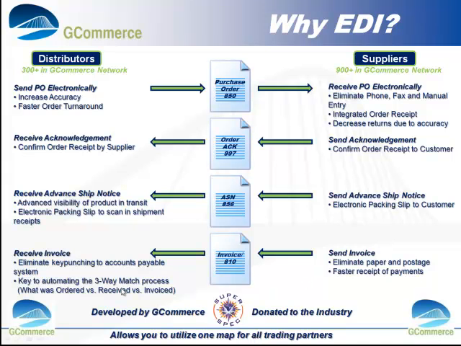That's called the electronic three-way match, where your system has the purchase order, it has the ASN, and it has the invoice so that it can match for you, eliminating the manual reconciliation of what was ordered versus what was received versus what was invoiced. By getting the invoice electronically, it helps also eliminate the key punching into the accounts payable system. Most distributors have to have somebody key punch each invoice into their accounts payable system in order to set it up for payment. By getting that invoice electronically, it eliminates that step.